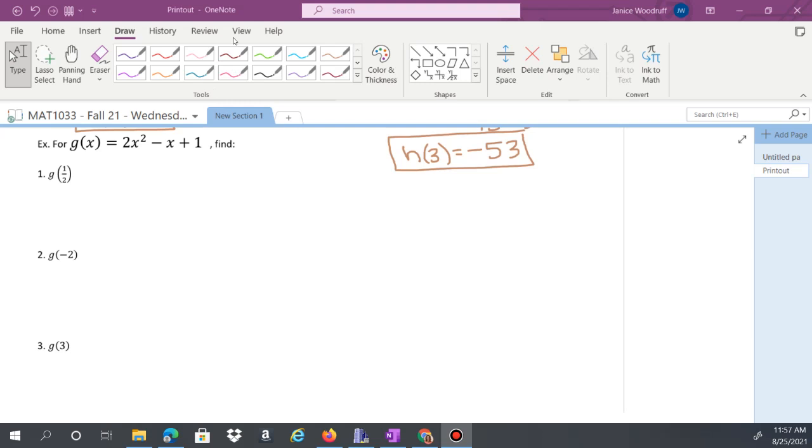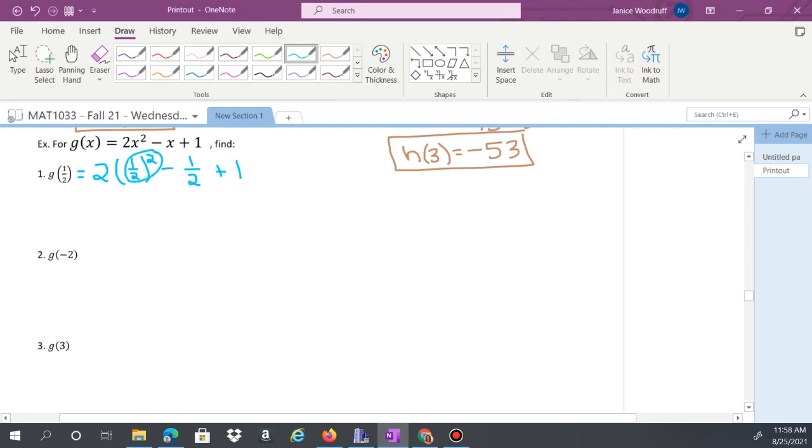So we have g of 1/2, so we'll go ahead and plug that in. We have 2 times 1/2 squared minus 1/2 plus 1. I noticed a lot of you didn't bring calculators, so let's go ahead and do this by hand.